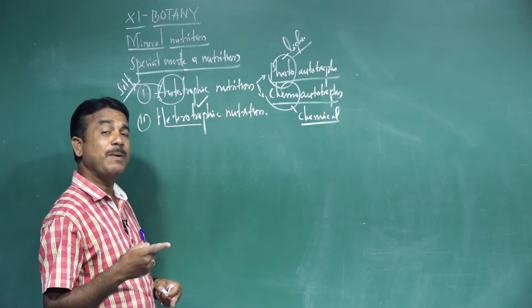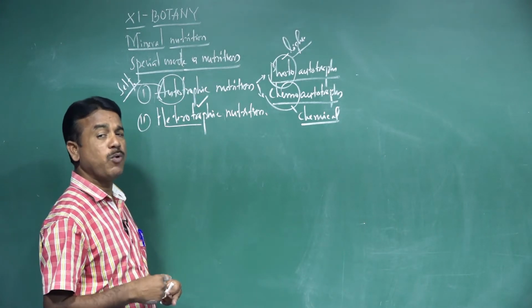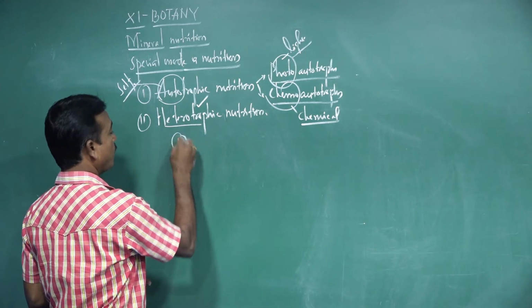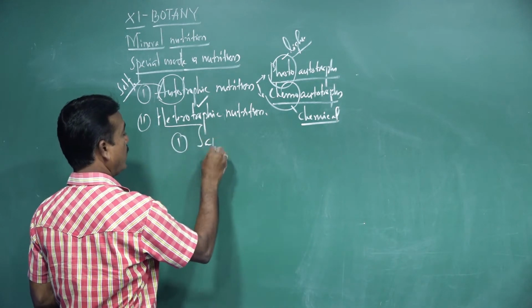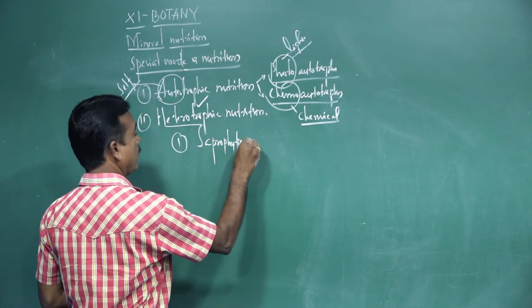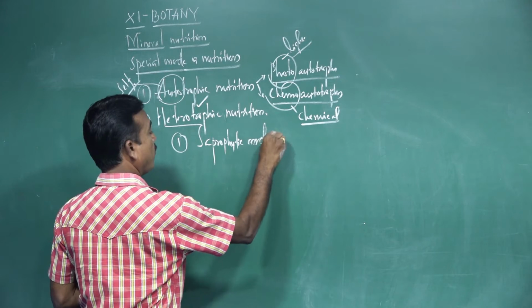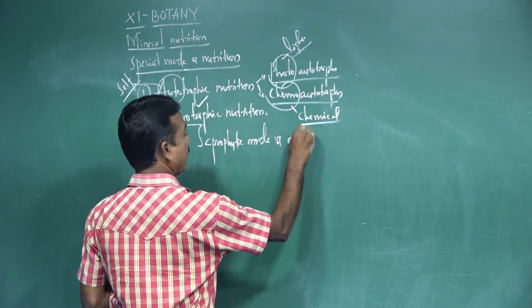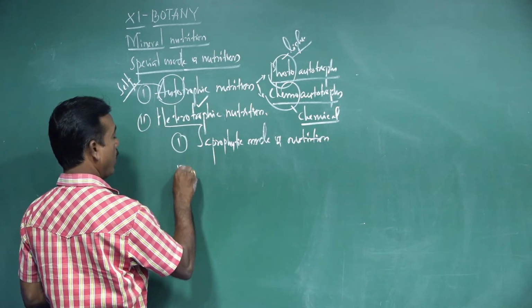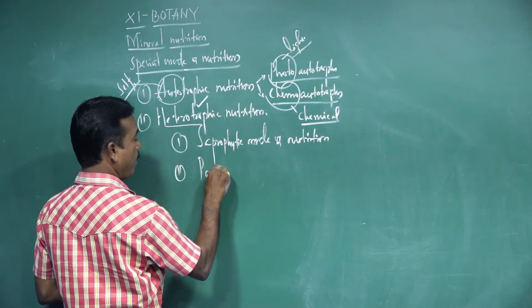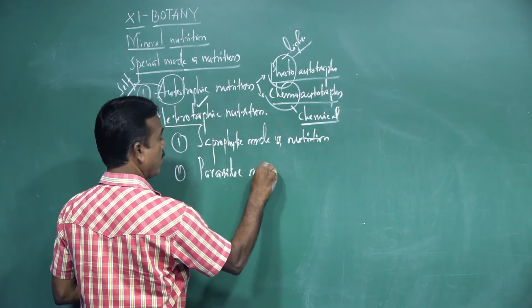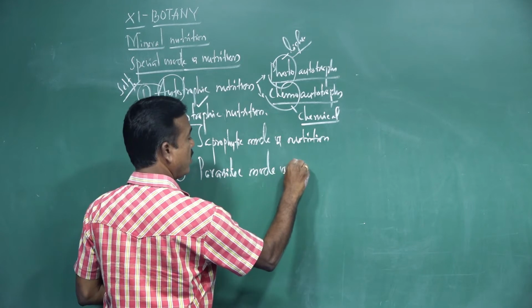Based on the nature of dependence, the heterotrophic mode of nutrition can be classified into various types. First one, saprophytic mode of nutrition. Second one, parasitic mode of nutrition.